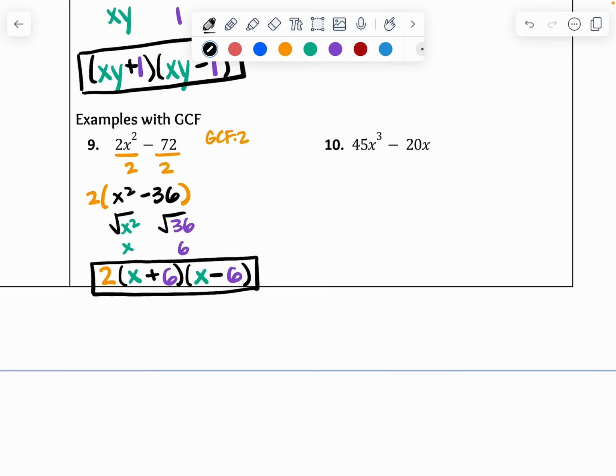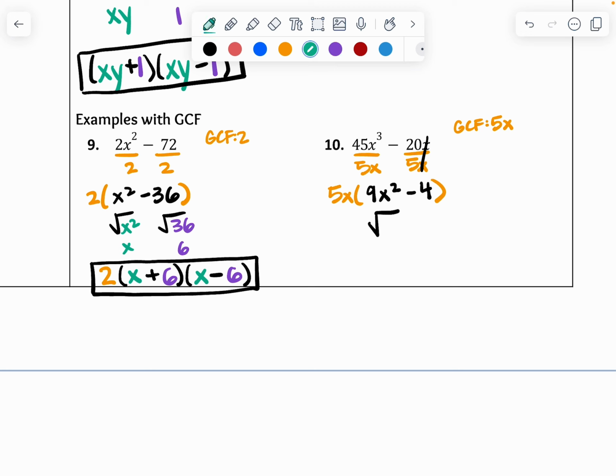Okay, last example. Find a greatest common factor. I can see I can divide both of those numbers by 5, and they both have x. The lower exponent would be 1, so I can factor out 5x. This would be 9x squared minus 4, which is a difference of squares.